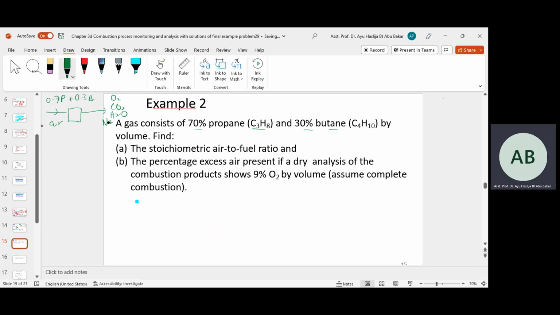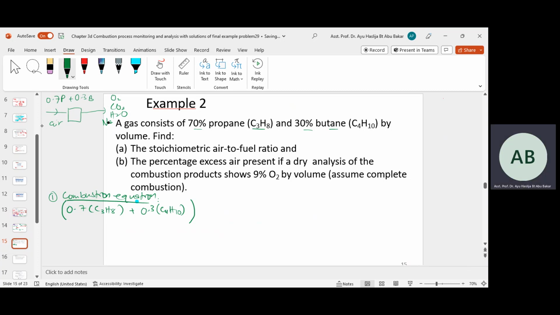I would advise you to generate the combustion equation first. Okay, since this is a mixture, you can either directly write the mixture of fuel like this, or you can find one chemical formula.